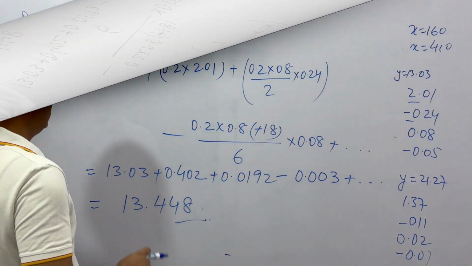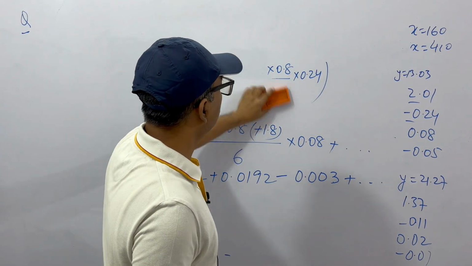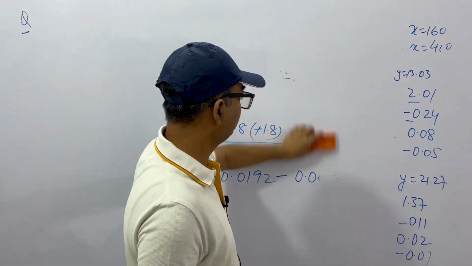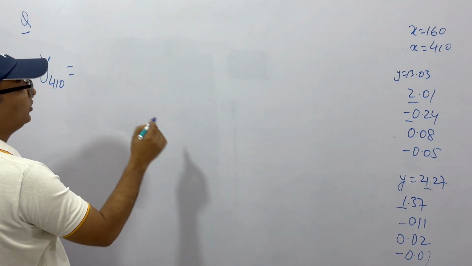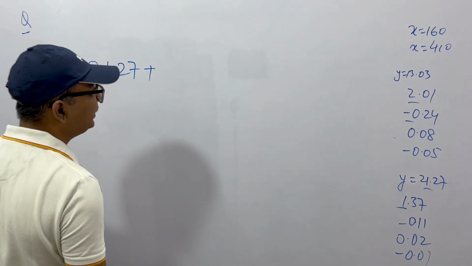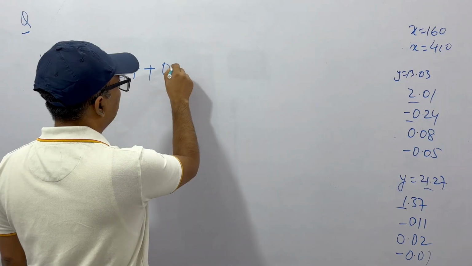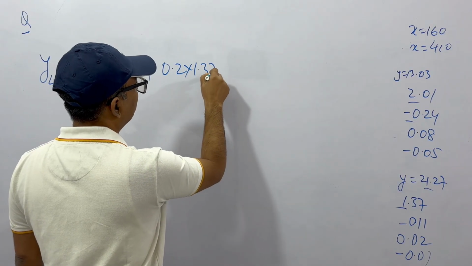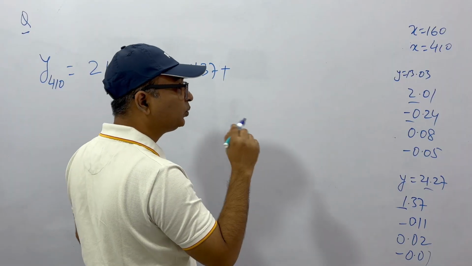Now let's see what will be the value of y for x equal to 410. This will be 21.27 plus p∇ of p, first difference, that is 0.2 into 1.37, then plus p into p plus 1 by factorial 2.